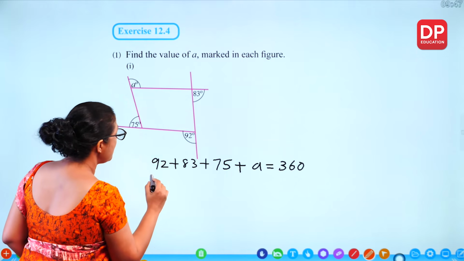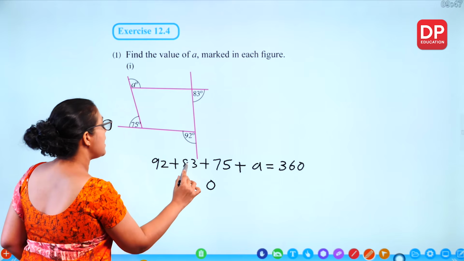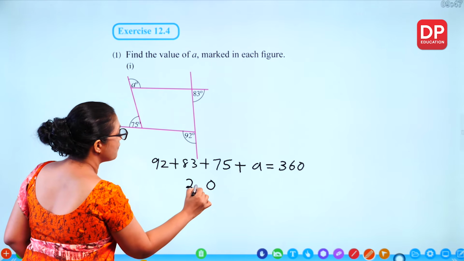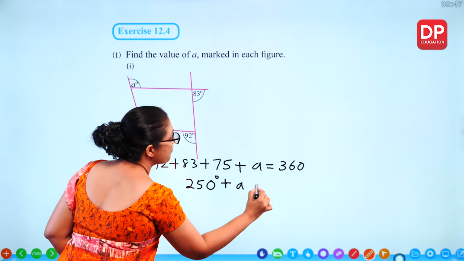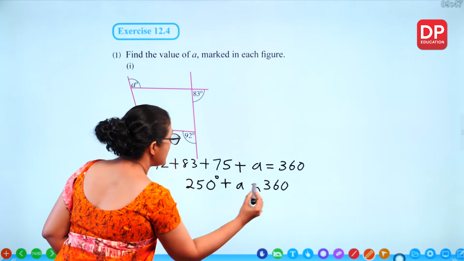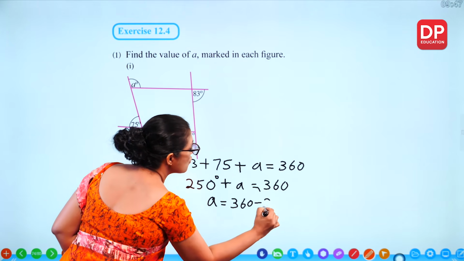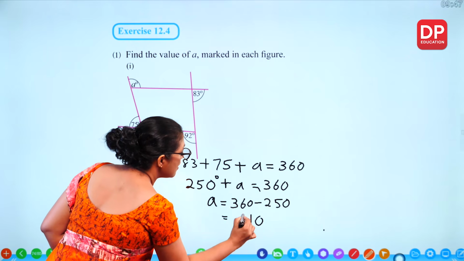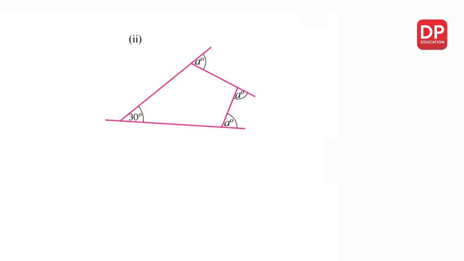Now add these three: 5, 5, 10, 1 remaining, 10, 18, 20, 25. Thus A equals 360 minus 250. You get 110.